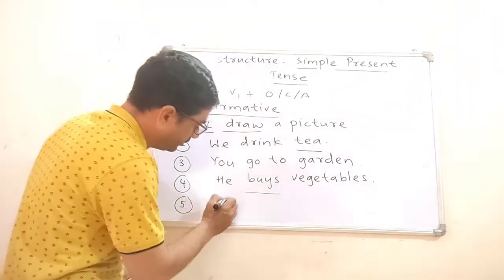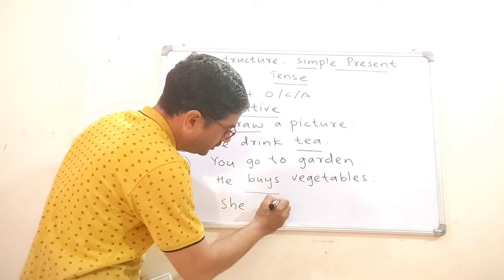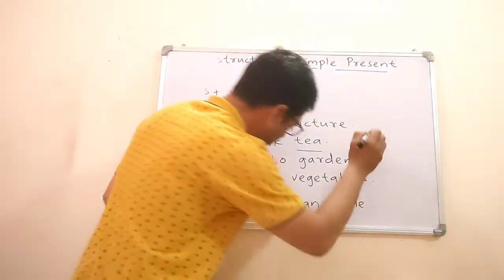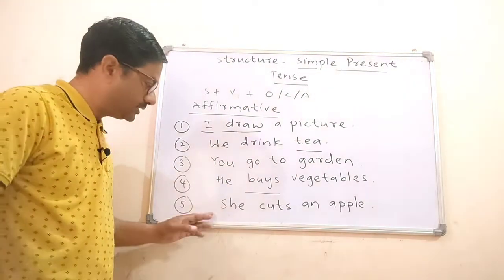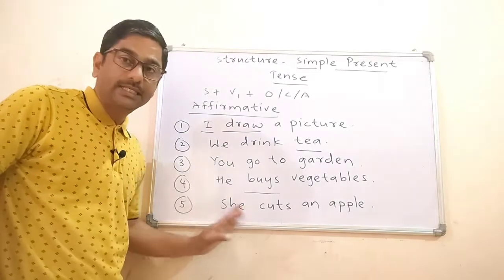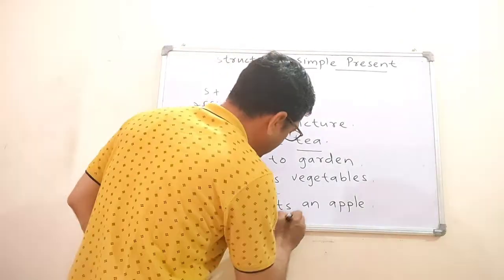She cuts an apple. In this sentence also, she is third person singular, that's why the s form of the verb.